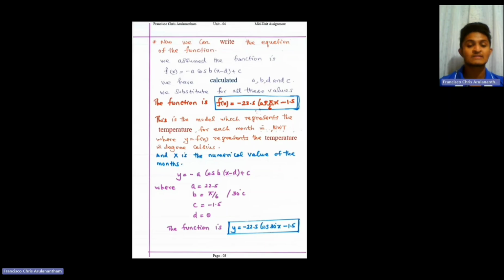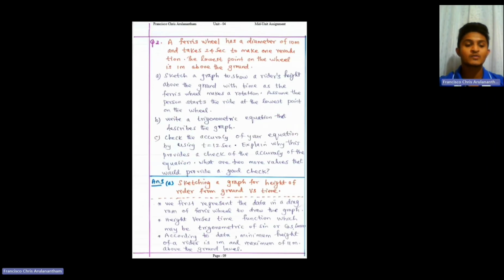So the function is y equals minus 22.5 cos 30 degrees x minus 1.5. Now we have completed question number 1 in the mid-unit assignment. We will move on to question number 2.